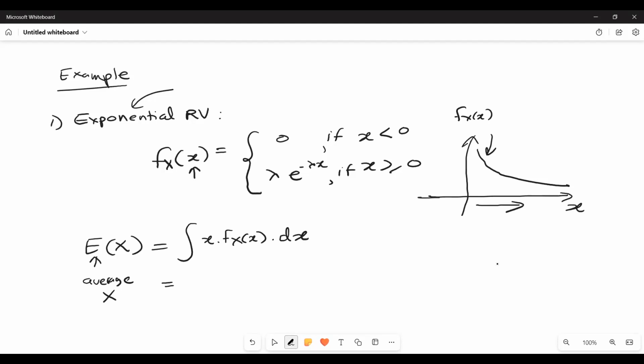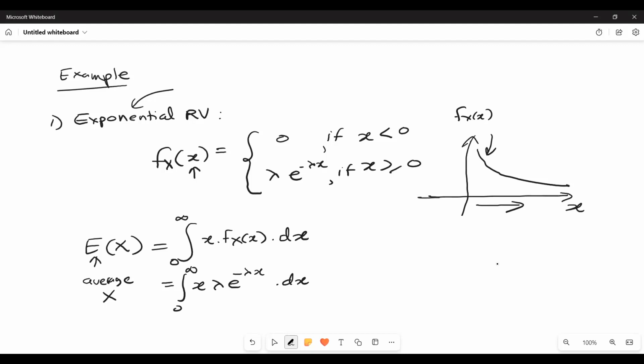So since I know that x values will only range from 0 to infinity, I'm going to define the limits of x as 0 to infinity. And then I will also substitute the equation of the PDF into this integration. So x into lambda e to the minus lambda x into dx.